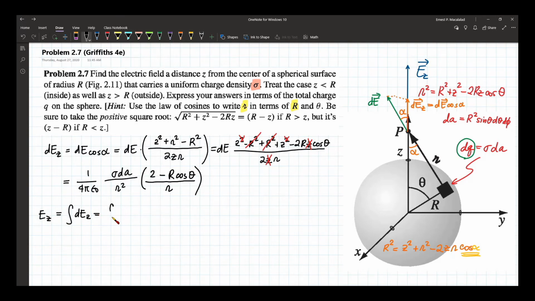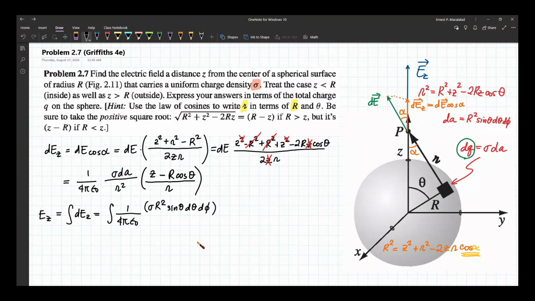So this now becomes the integral of 1 over 4 pi epsilon naught times sigma times dA, which is r squared sine theta d theta d phi, times, sorry, this should be z.